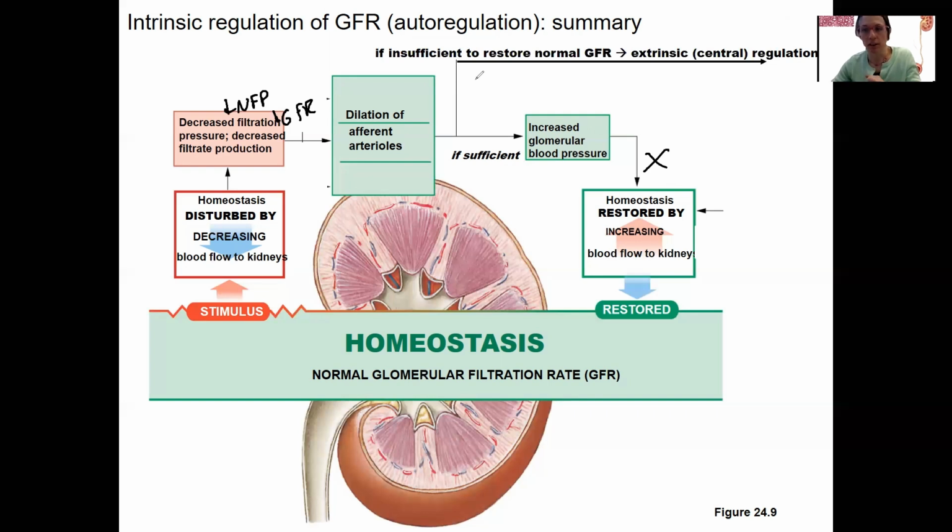We're going to need to call in the central nervous system. So that's when extrinsic regulation occurs to address mean arterial blood pressure. This is then going to hopefully restore GFR as well.